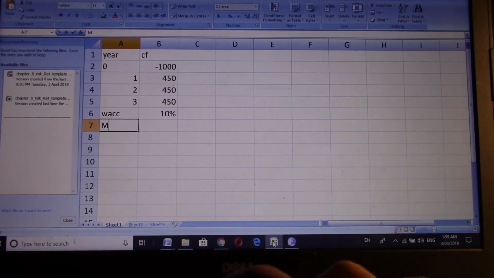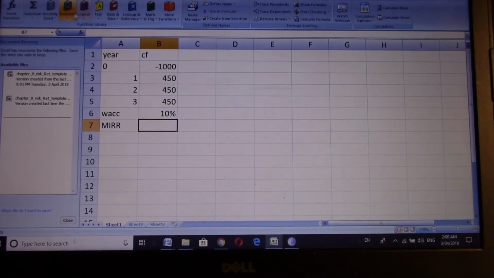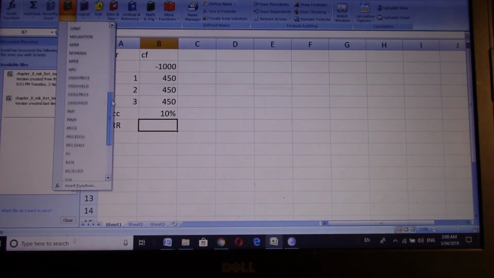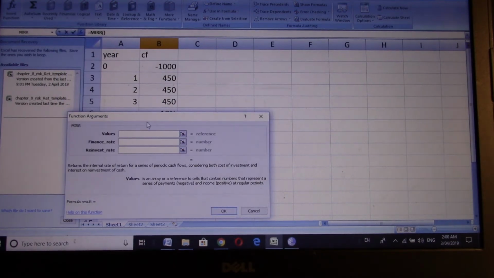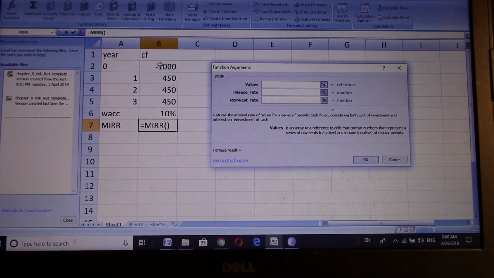The question is asking you for MIRR. So you can go to Formula, Financial, and look for MIRR. For the values, we incorporate all cash flows from year 0 to year 3.